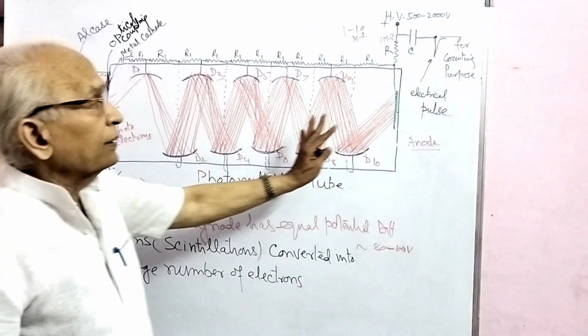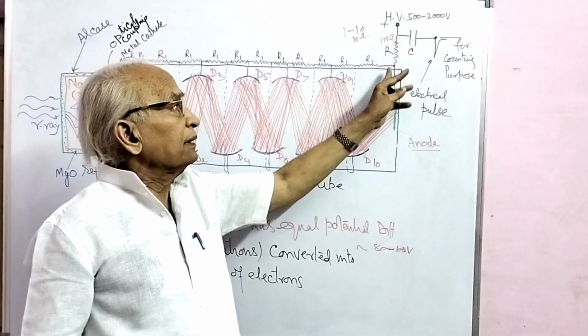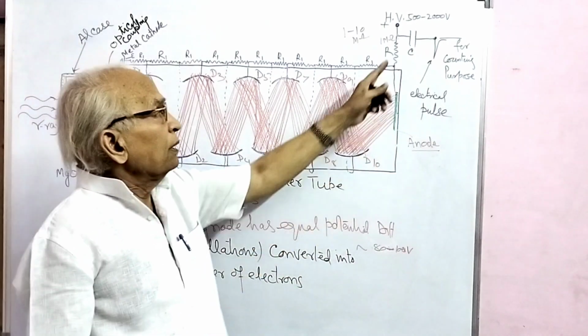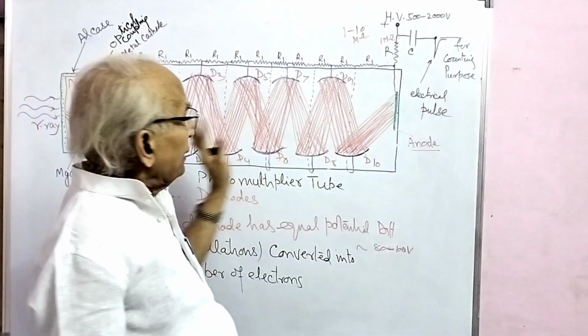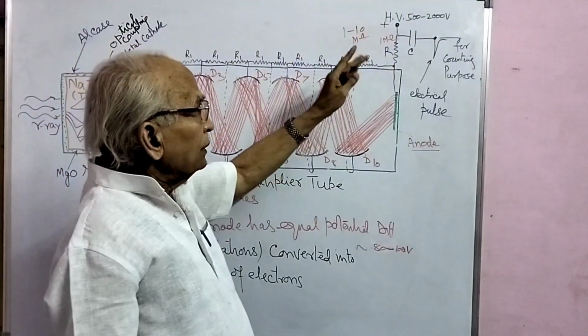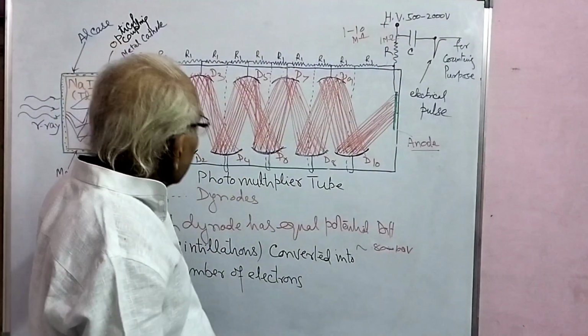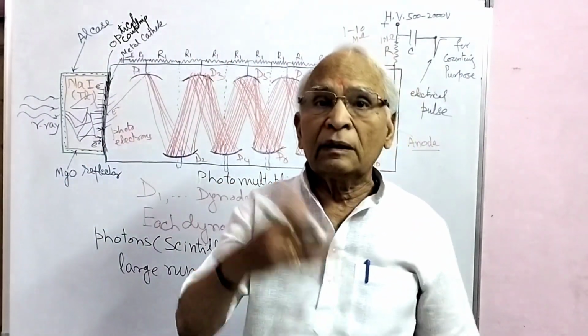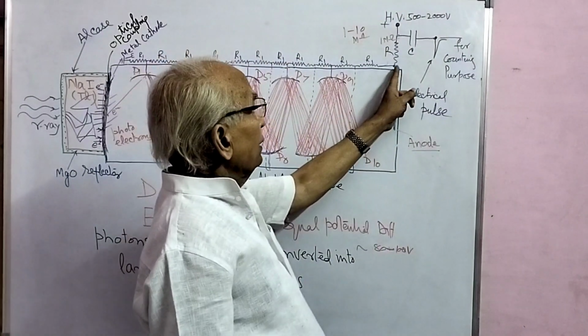These large number of electrons, finally we have the condenser, the resistance, the current will flow, the charge will flow through the resistance. So this current collected, this is the constant current flowing by the high voltage to keep the potential difference, but this charge gives an additional change in the current, change in the potential across the anode here.